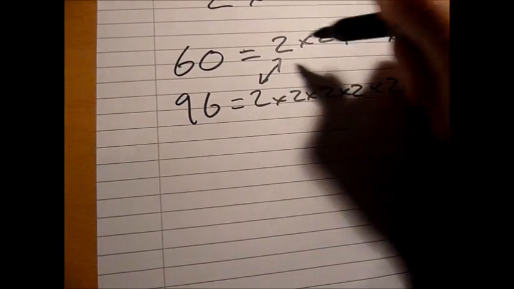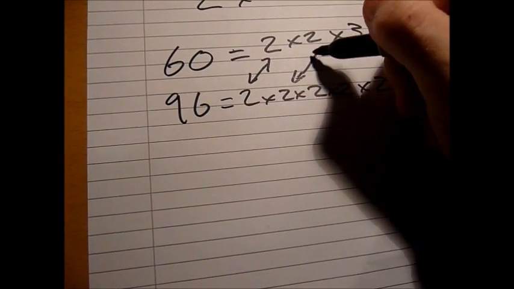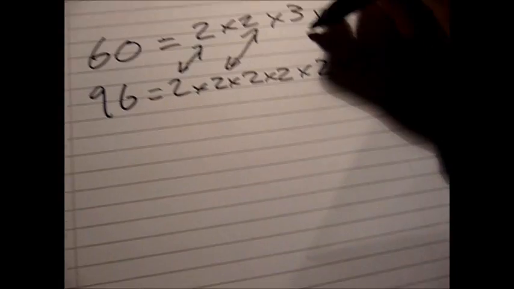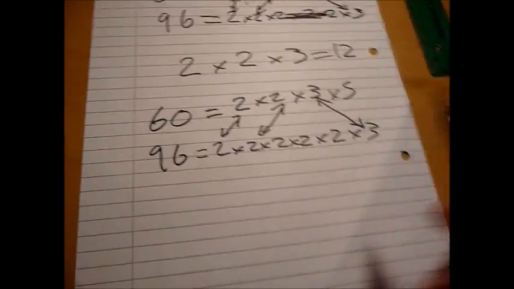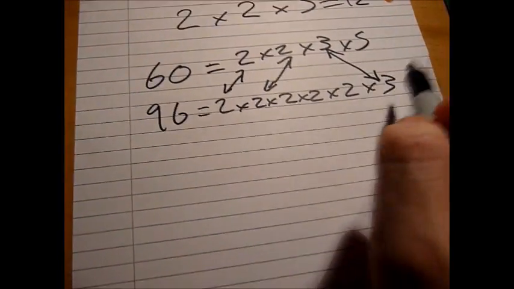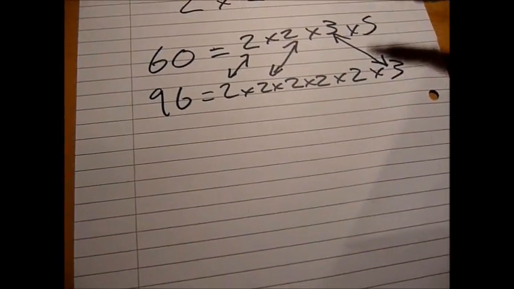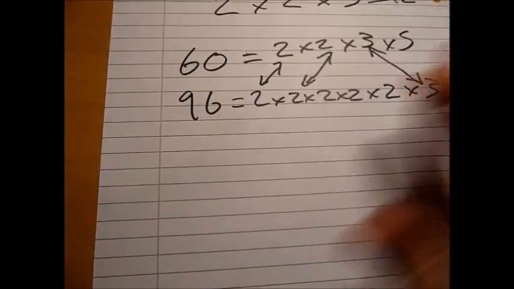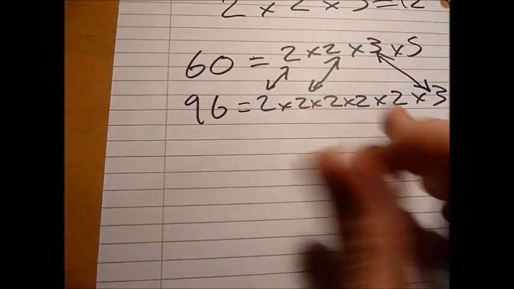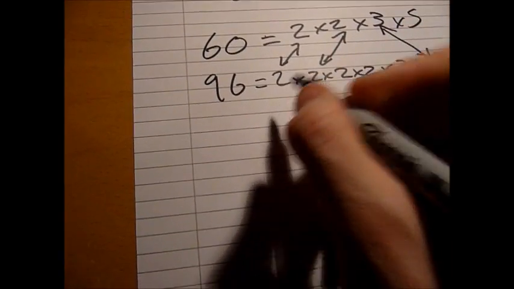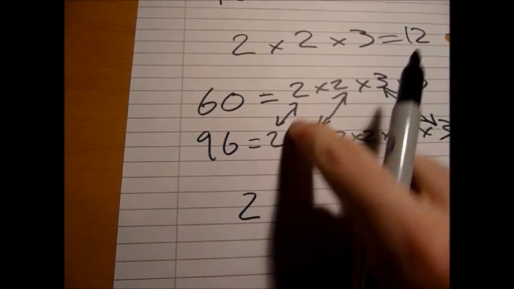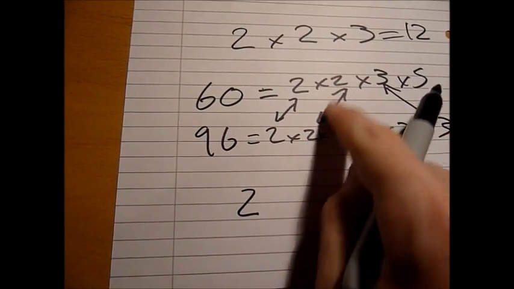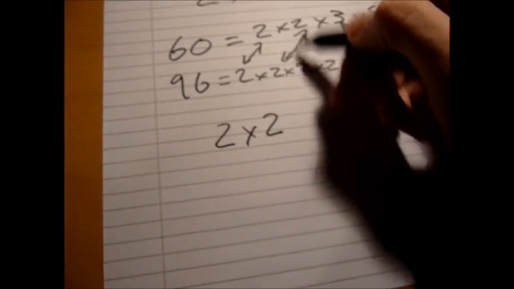It's 2's there, 2's there, and then 3's there. What you do now is the numbers they have in common you would only count once. You times all of them together, but if there are two in common, then you only count them once. So because there are two 2's in common, you do 2, and then times 2 for the other.